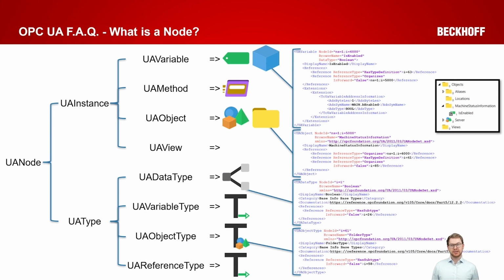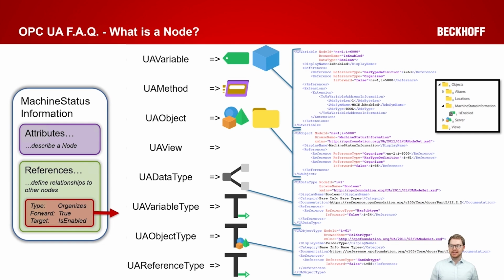In the Nodeset editor, we use the shown icons. And in the XML, you see on the right, that is where those nodes are written down, what they look like within a Nodeset. And the exact examples we see here construct the namespace we see on the right. And to show you this example in the old visualization, the machine status information node is an object.